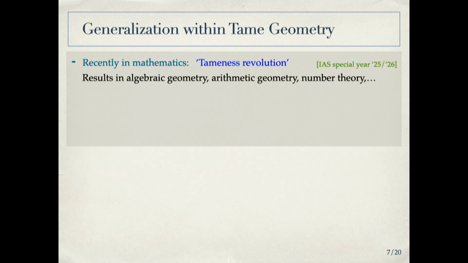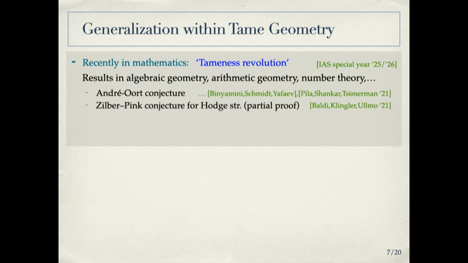Now, it's fair to say that currently in mathematics there's something going on which one might want to call a tameness revolution, because it has been found that if we discover that these structures are applicable in various fields of mathematics, we can derive really deep results with much more ease, or even new results. This goes for algebraic geometry, arithmetic geometry, number theory.